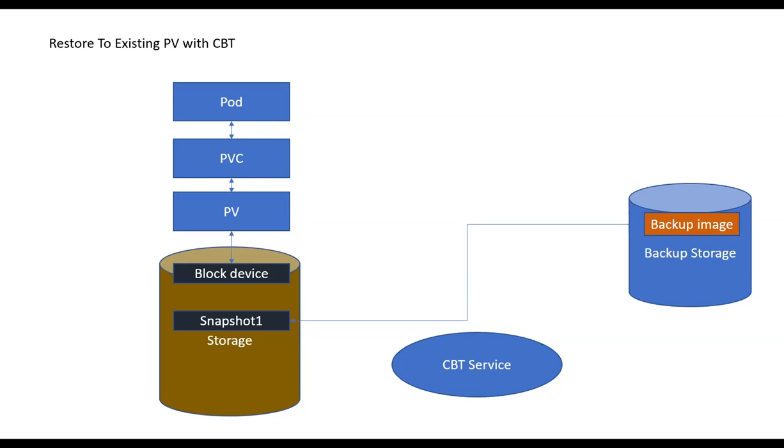The way we do that is we know that the backup image we have from 2 days ago is associated with snapshot 0. That information is stored in the backup image. Of course, we might want to unmount the pod first, or there might be a way to share the PVC.